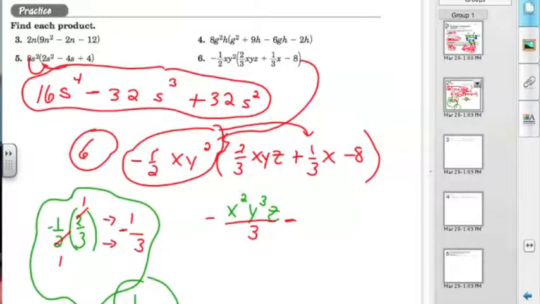I have 1/2 times 1/3. Well, there's really nothing to simplify here. I just basically get 1/6. So I'm going to put a 6 on the bottom because I know I'm going to have some variables on top. I have x multiplied by x, I get x squared. I have a y squared, and there's another y, so I get y cubed.